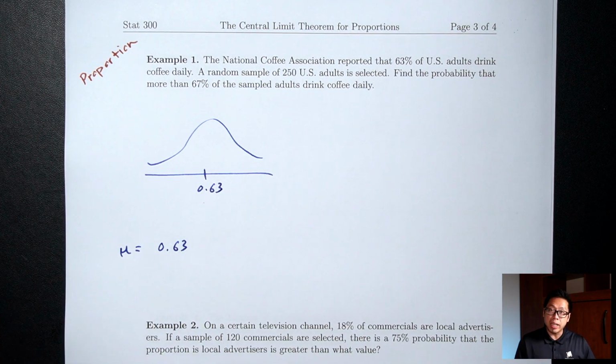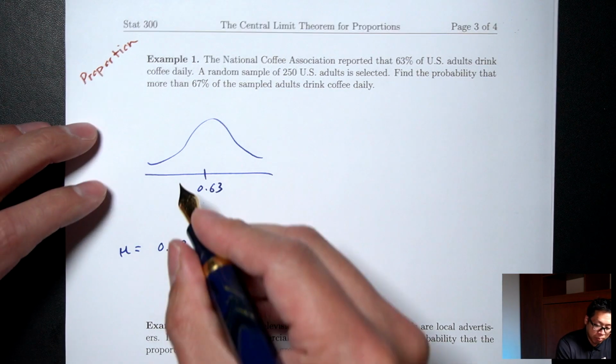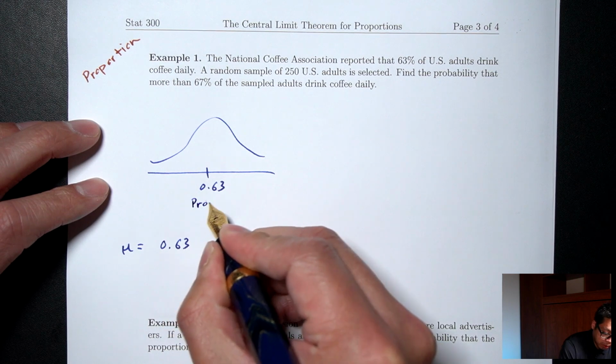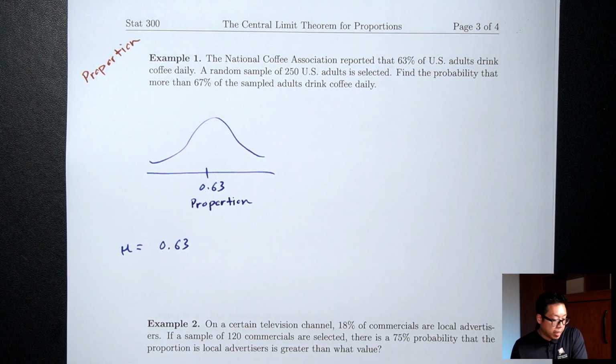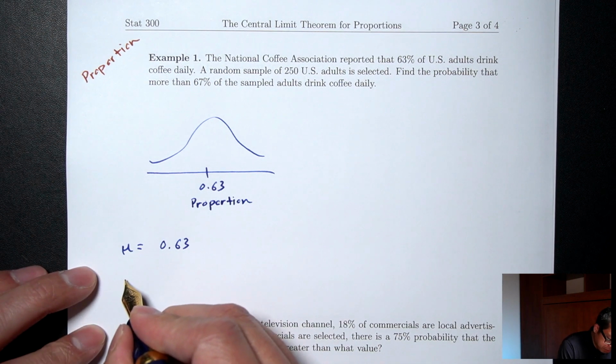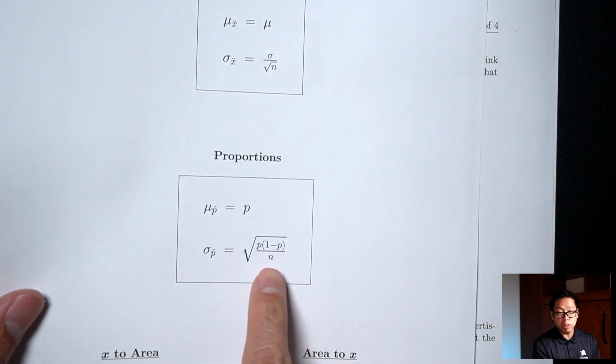And then let me label the x-axis as usual. For proportion questions, the x-axis is always going to be proportions. And then let me write down the standard deviation. Okay, the standard deviation is going to be this big square root formula.